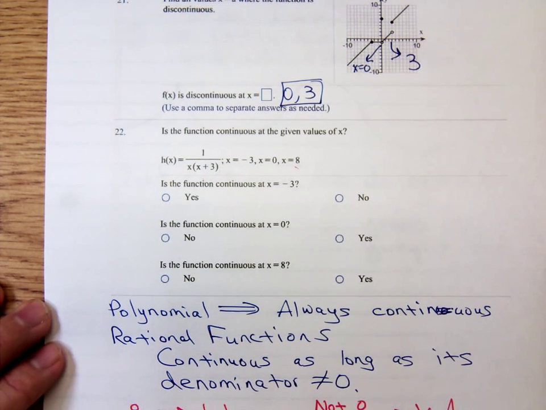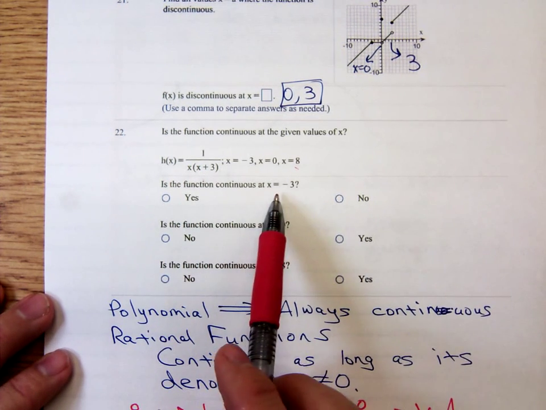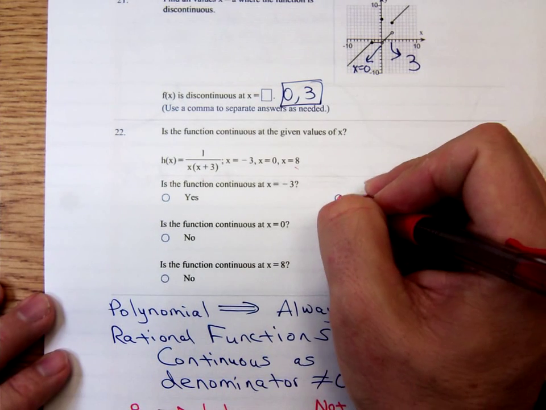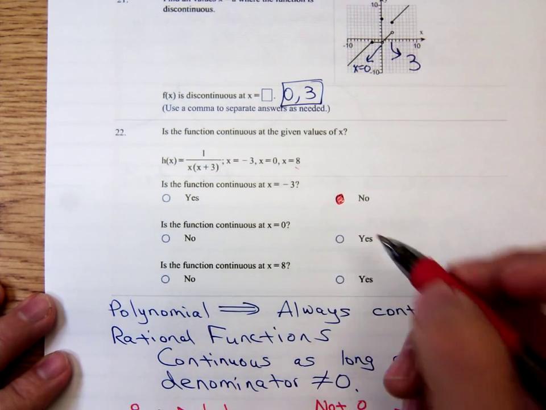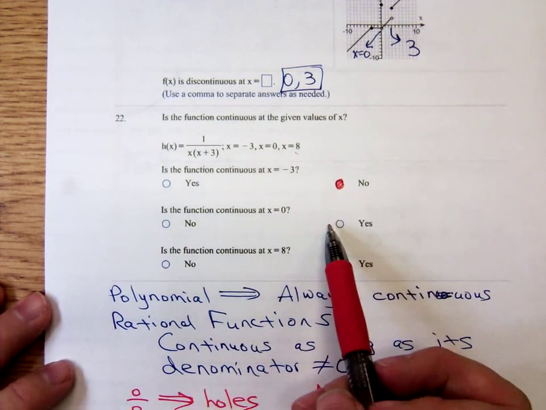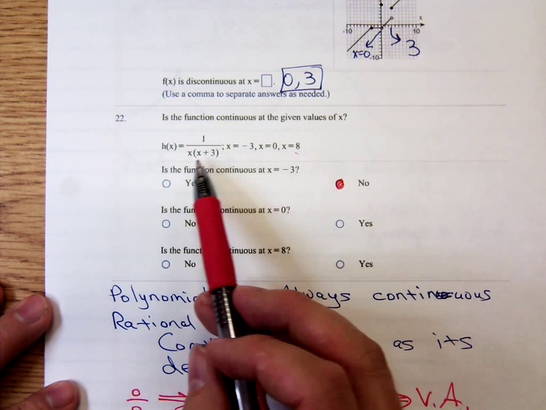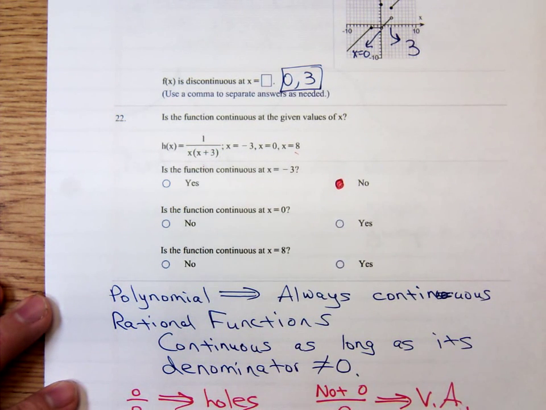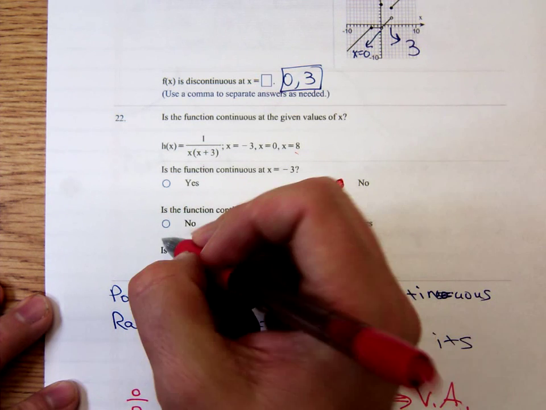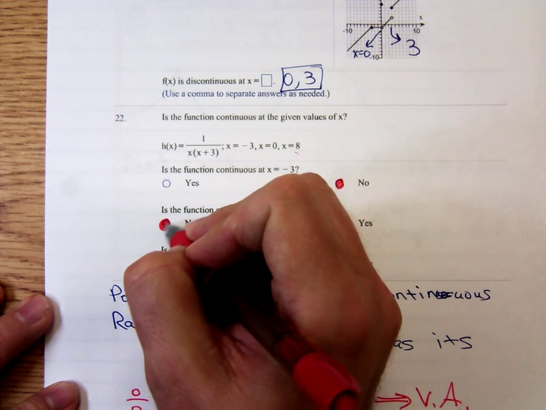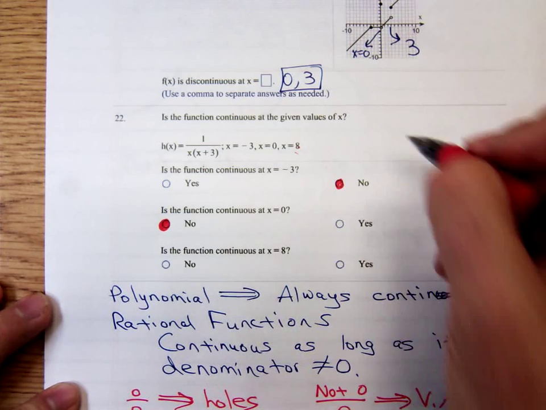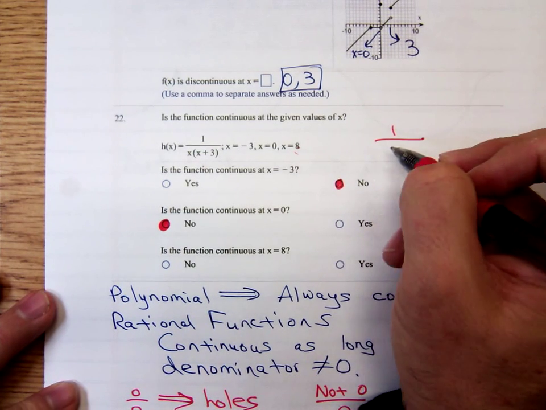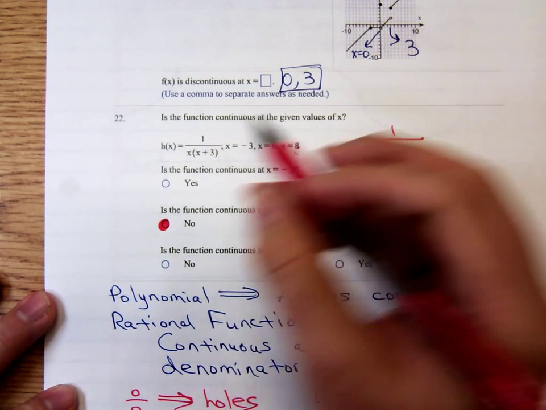So is the function continuous at x equals negative 3? No, because you have a denominator of 0. Is it continuous at x equals 0? Plug in 0 down there in that denominator, what are you getting? You're getting 0, so no, it's not continuous there. Now 8, plug in 8. That's 8 times 8 plus 3, which is 11.